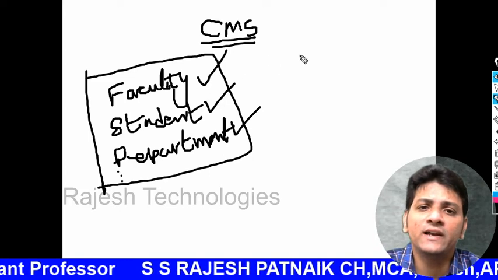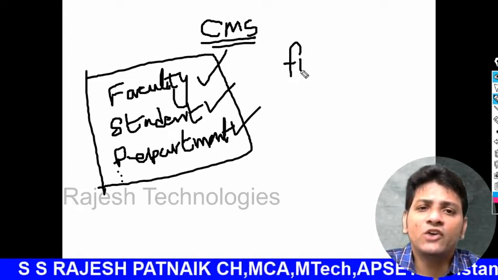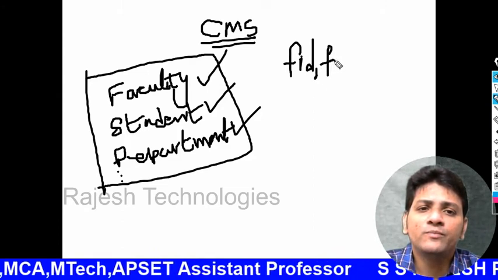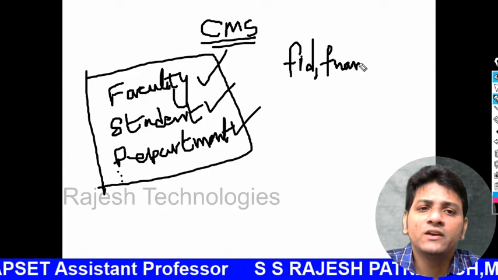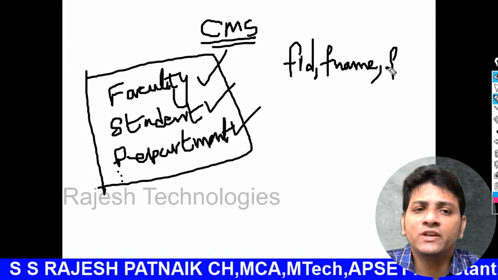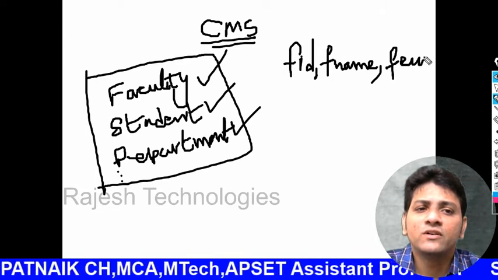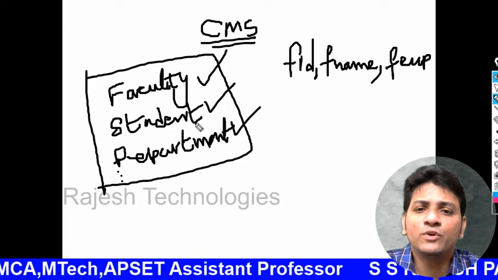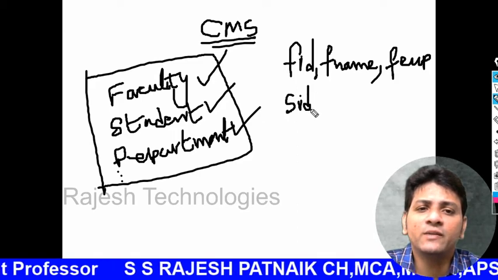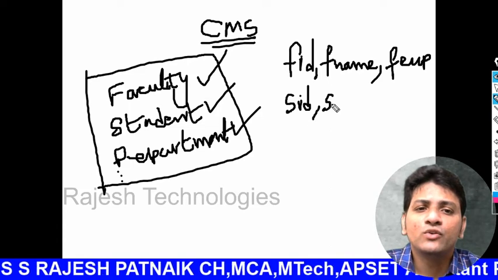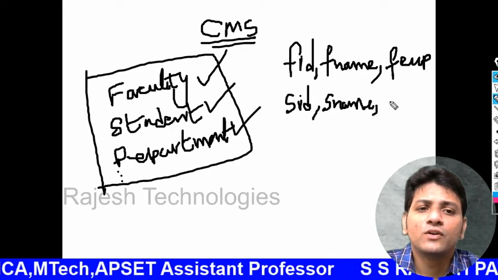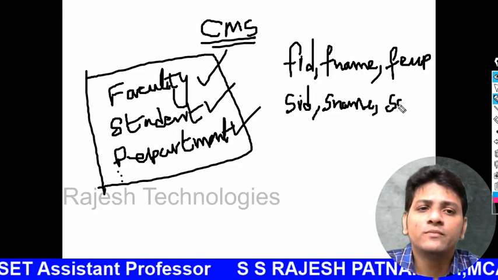For example, faculty consists of faculty ID, faculty name, faculty experience, like this. Take student, consisting of attributes like student ID, student name, student qualification.